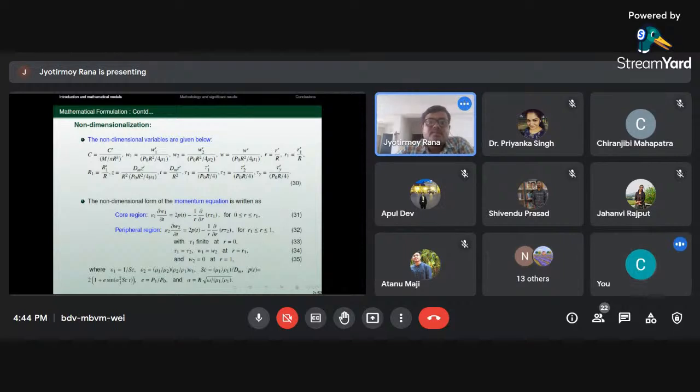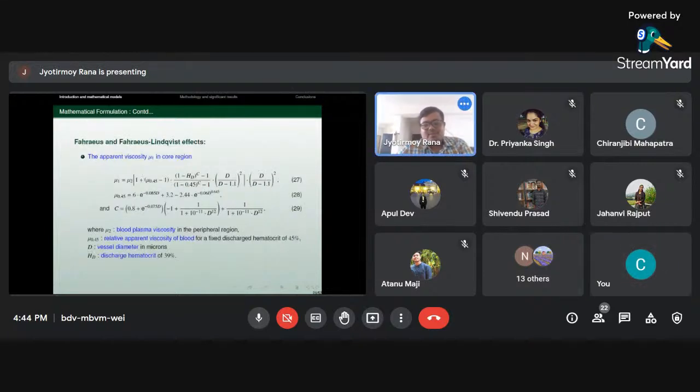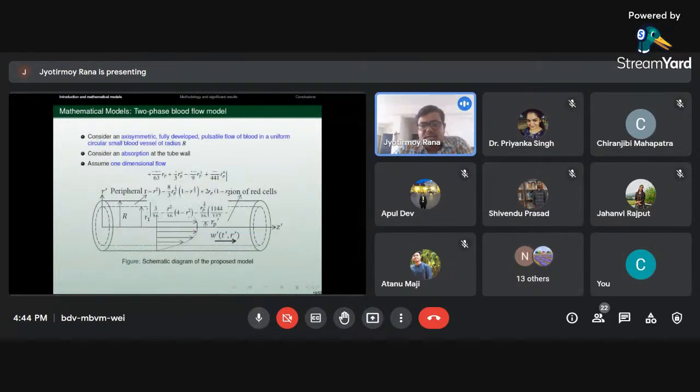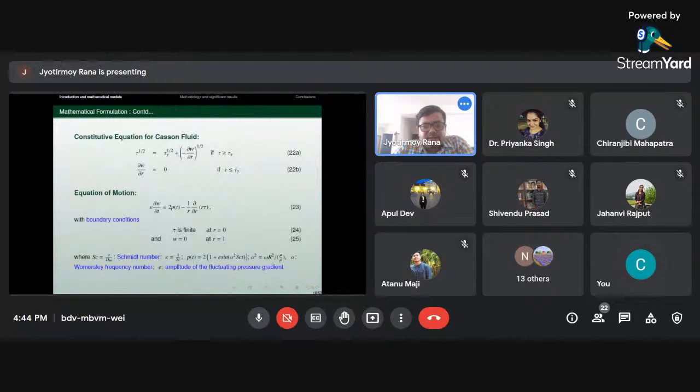Very good question. So actually, this epsilon is very, very small. Why? Because it depends on the speed number. It is the inverse of the speed number. For arterial blood flow, the speed number is of the order of 10 to the power 3.